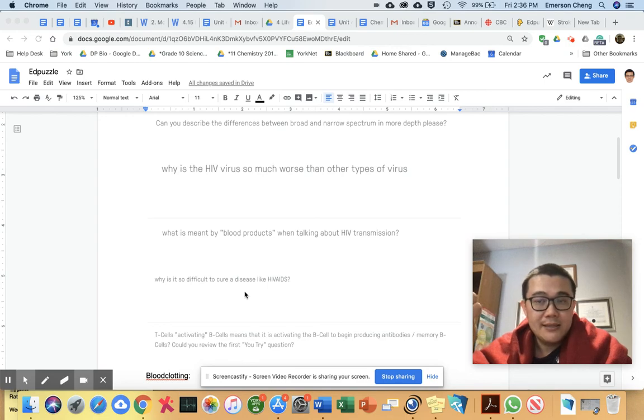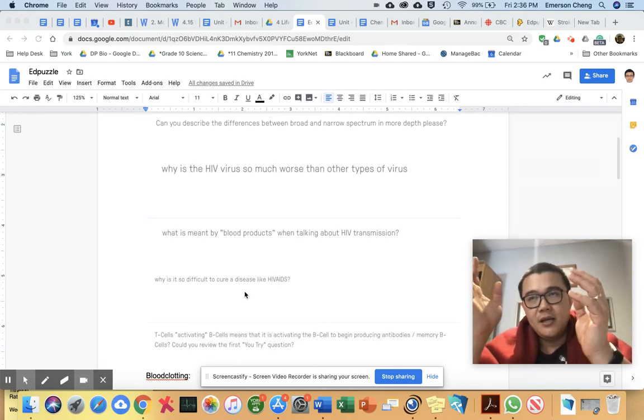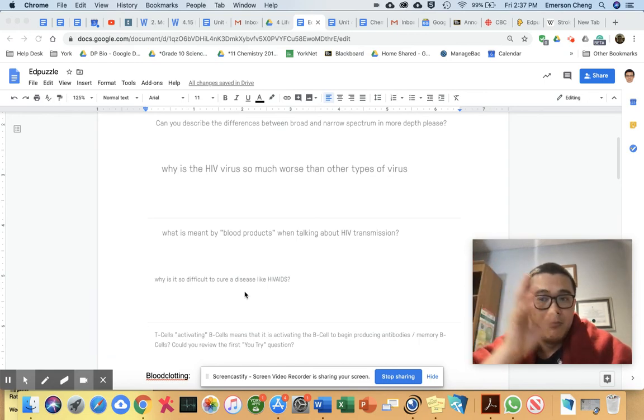Now, last but not least, which I mentioned before, and this is something you learn if you study immunology or microbiology in your third and fourth year: the way HIV reproduces its viral particles, for some reason, mutates a lot more than it should.